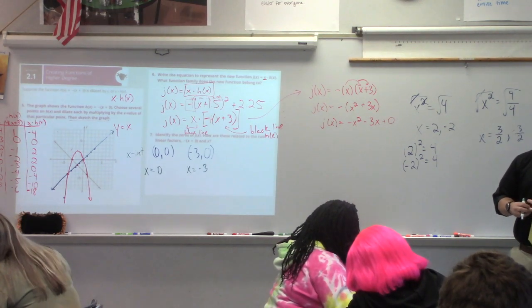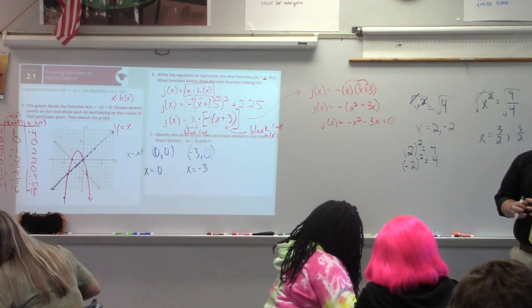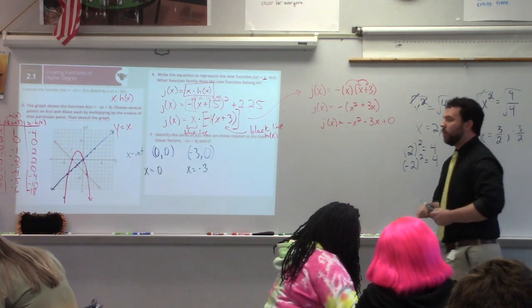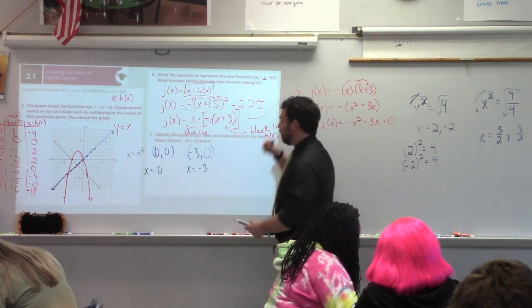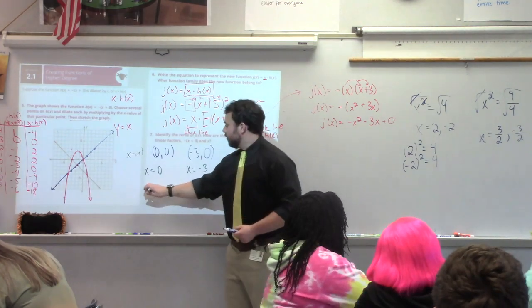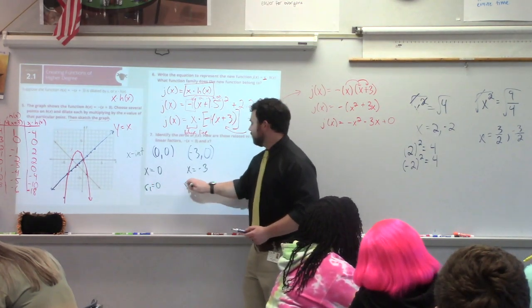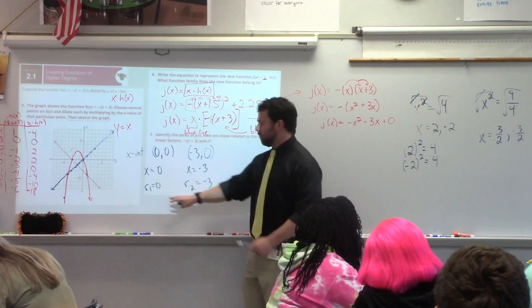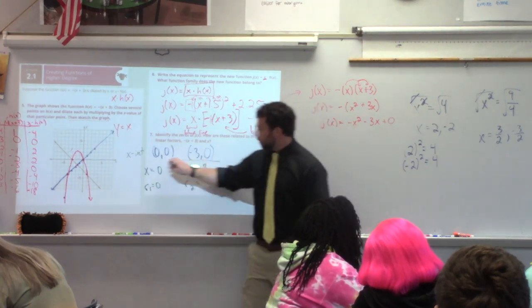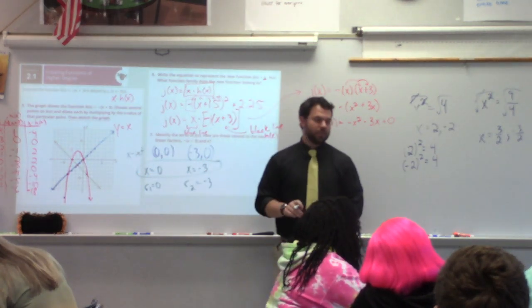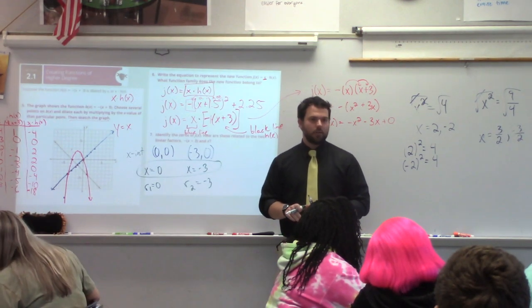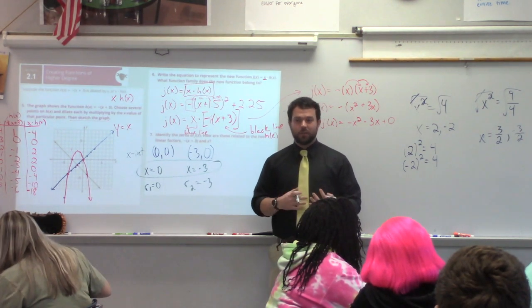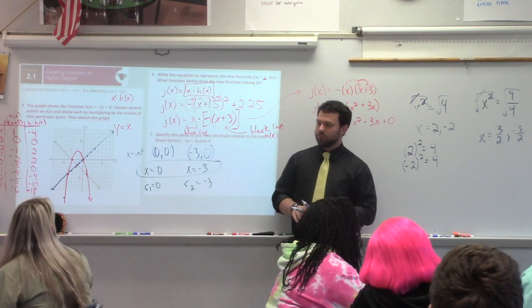Now we know. I will point this out because I do see this on yours, Mitria. You would say R1 is equal to 0, and R2 is equal to negative 3 for the roots. This is what I'm looking for, x equals, when it comes to zeros. Now I will remind you, does anyone know why we call these zeros?